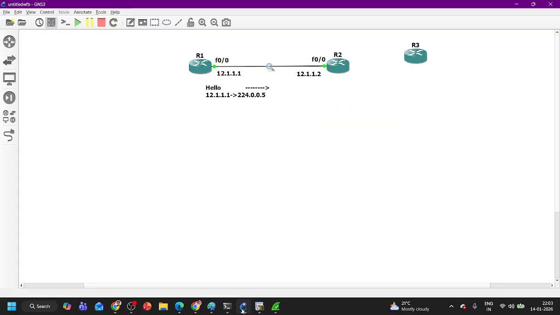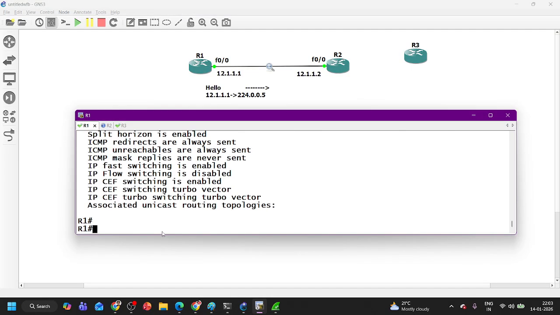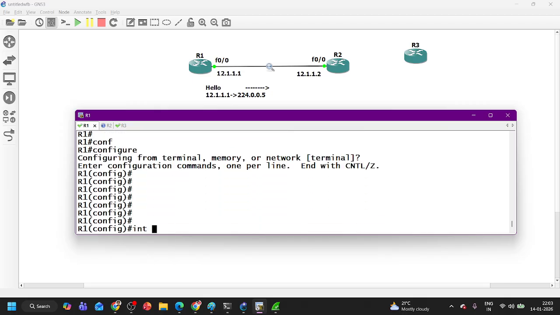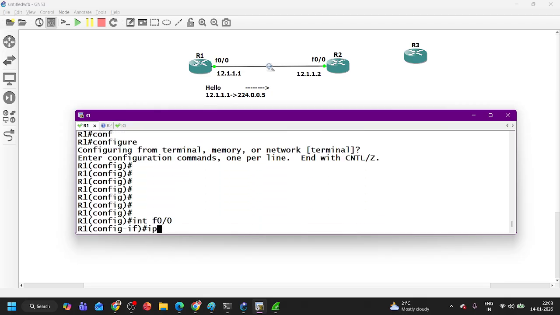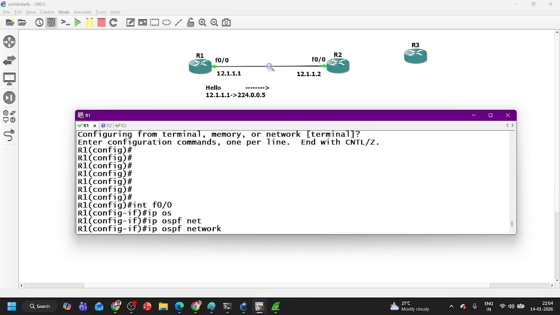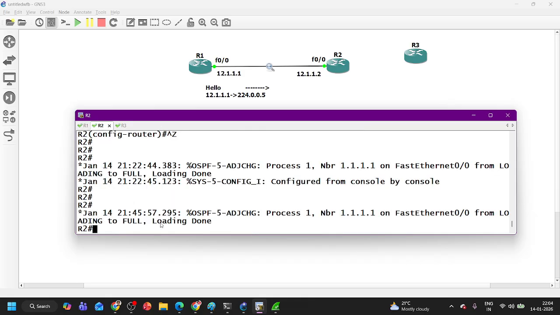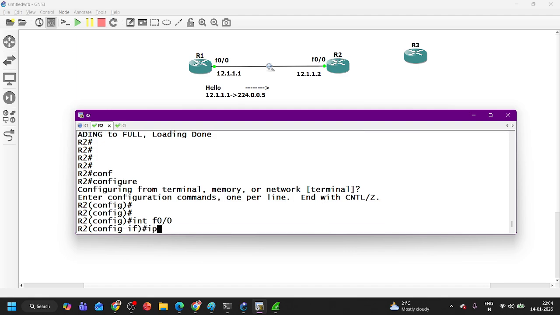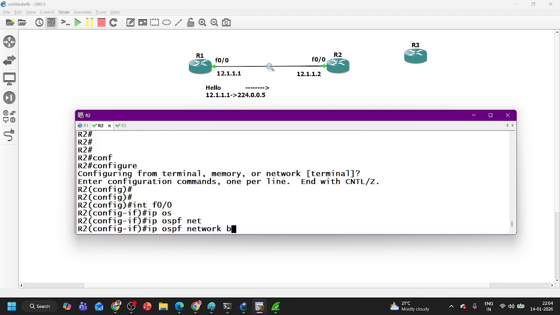Neighborship will be stuck in two-way state. Let me change the network type first. ip ospf network broadcast. Now DR and BDR is required.